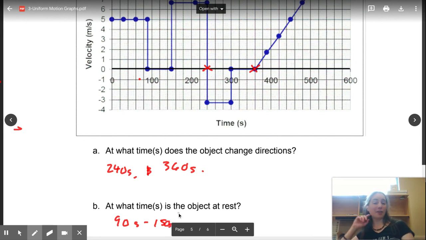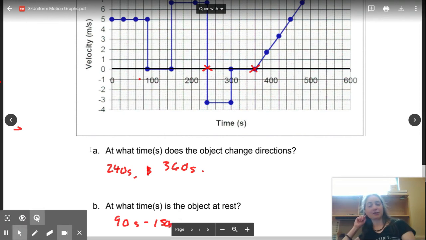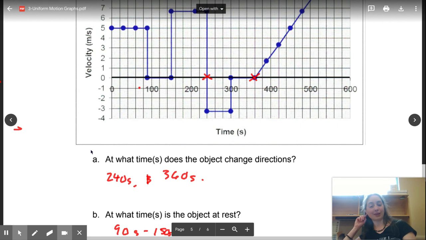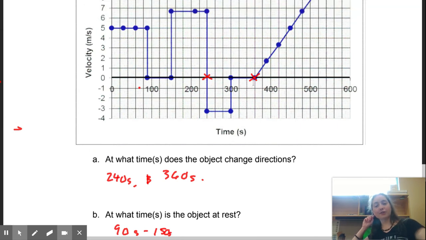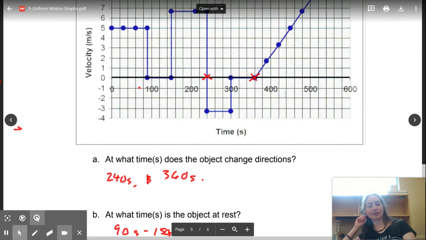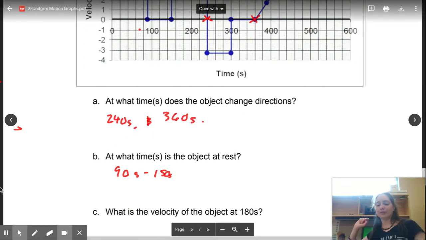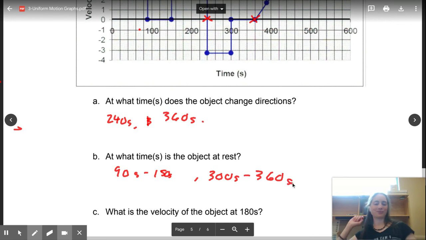Now, do we have any other times where our object is at rest? Yes, we do. From 300 to our 360, we're running on the 0 axis there, on that x-axis. All right, so that is our 300 seconds to 360 seconds. Okay? All right.